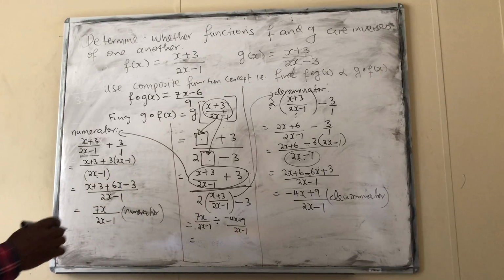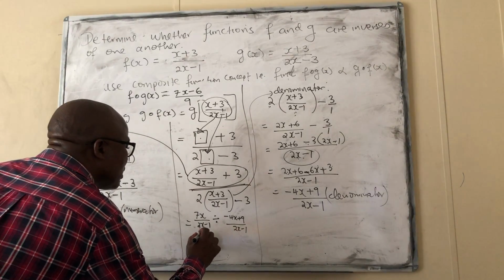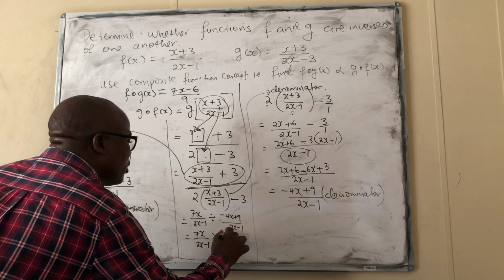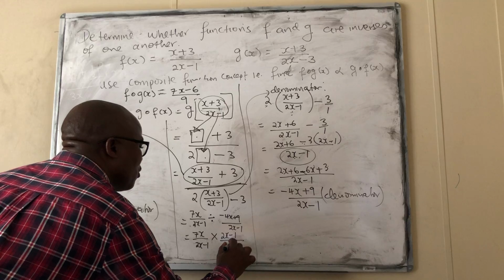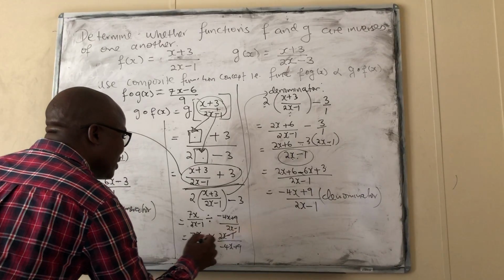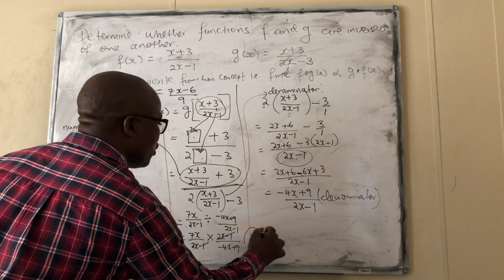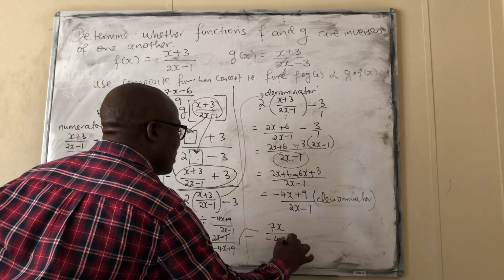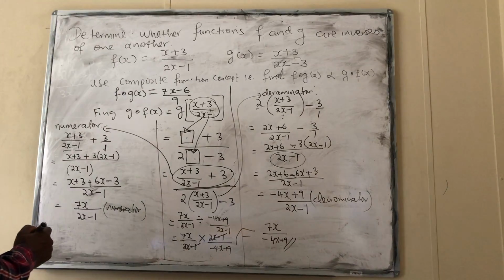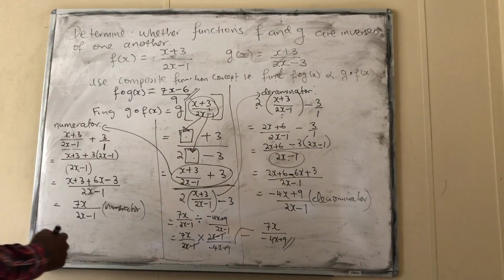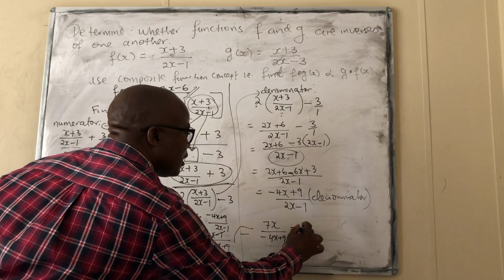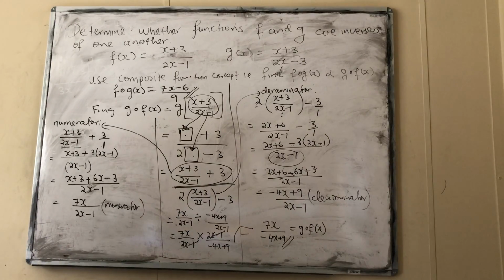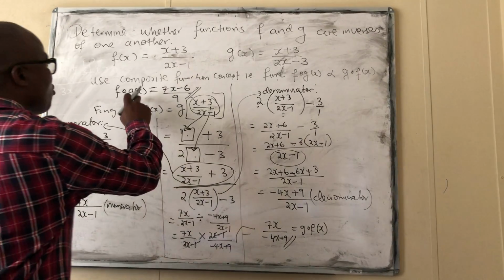So this one here will be 7x over 2x - 1, times 2x - 1 over (-4x + 9). The 2x - 1 cancels out, and then you remain with 7x all over (-4x + 9). So this is what you remain with, and this is g of f of x. G composite f. This is f composite g.